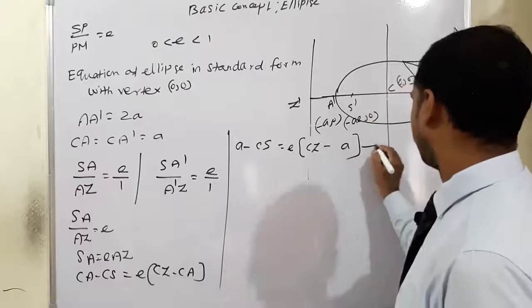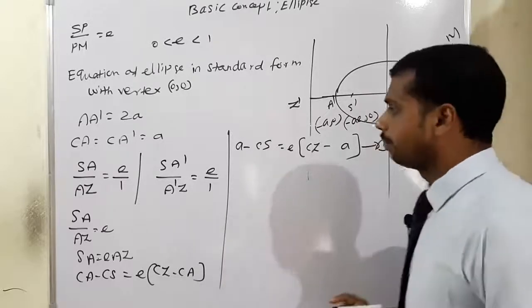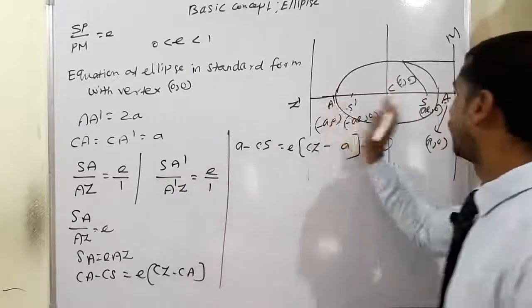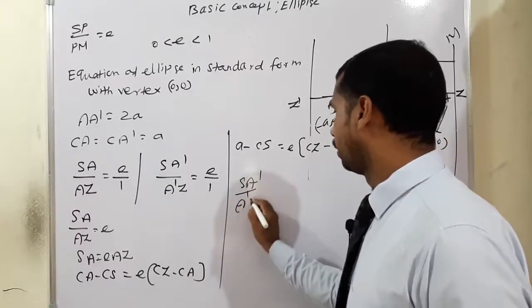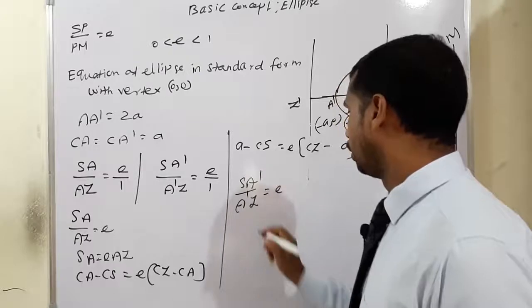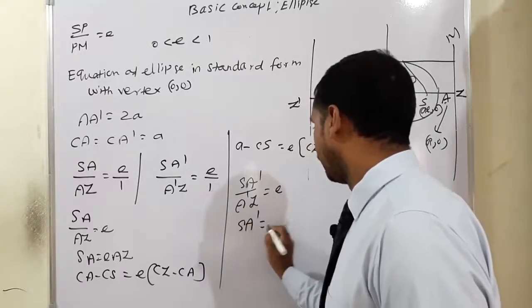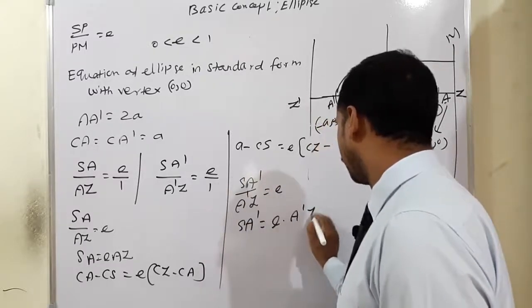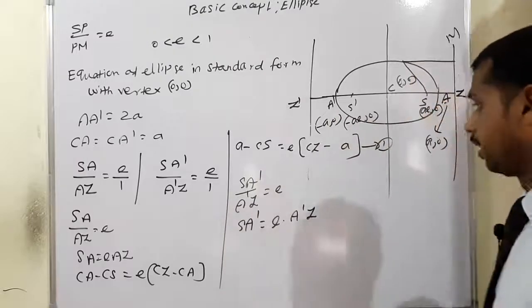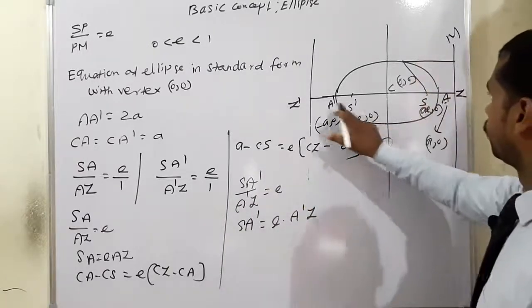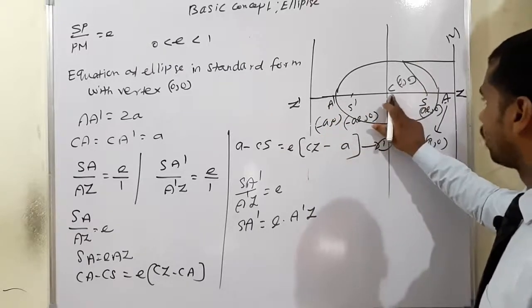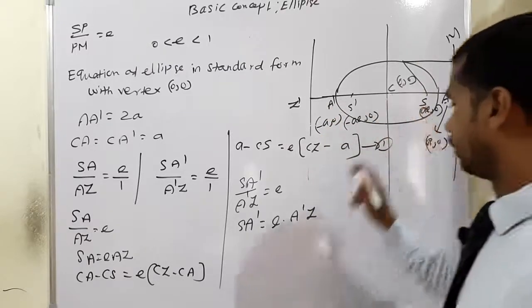This is considered equation number 1. Now the second term, SA dash, that is externally on the opposite side. SA dash divided by A dash Z is equal to e, again cross multiply: SA dash is equal to e into A dash Z. Now SA dash means S to A dash, from the center, CS, isn't it?